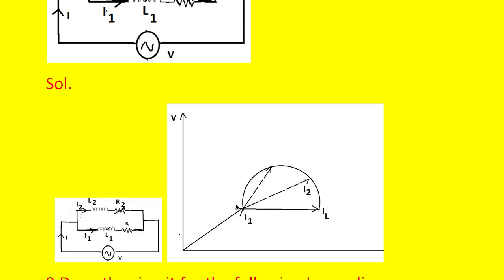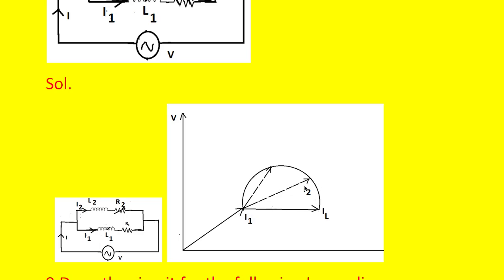So the current flowing in the inductor circuit, or variable inductor circuit, will lag the applied voltage by 90 degrees like this. And this is the maximum value. Once we start increasing the resistance in that branch, instead of the current lagging at 90 degrees, it starts approaching the voltage.